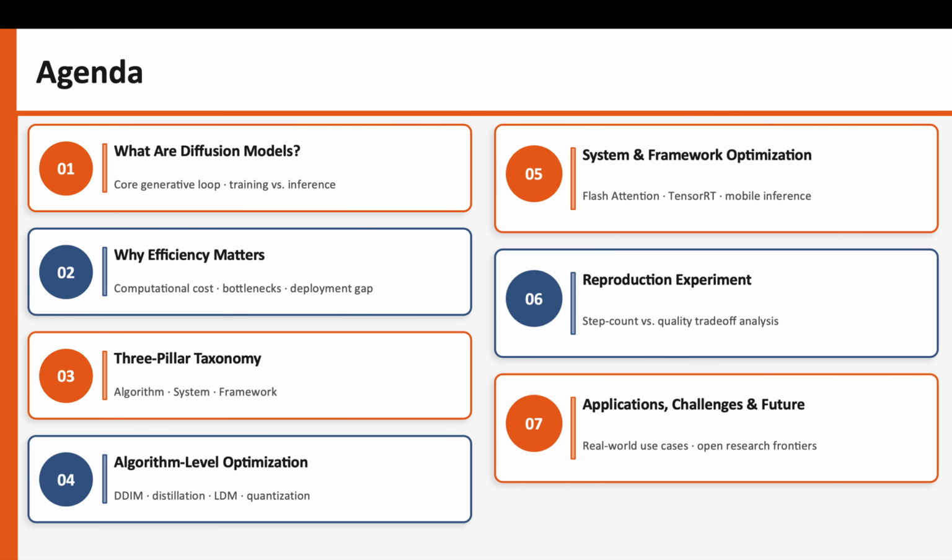After that, we'll look at results from my reproduction experiment and finally wrap up with real world applications, challenges, and future directions. So let's go into what are diffusion models next.